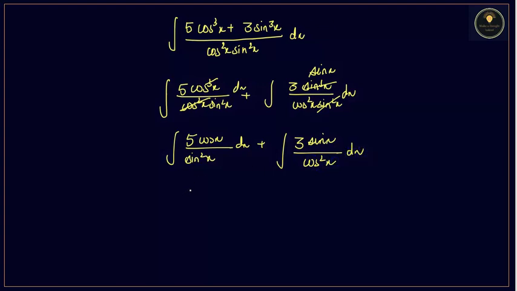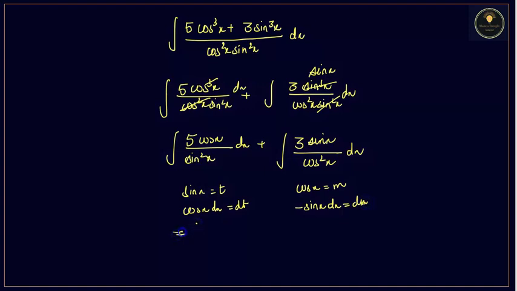Now what we can do? We can write the value sin x equal to t, and cos x equal to m. So if I differentiate this value, you will get cos x dx equal to dt, and cos x, if I differentiate, you will get minus sin x dx equal to dm.